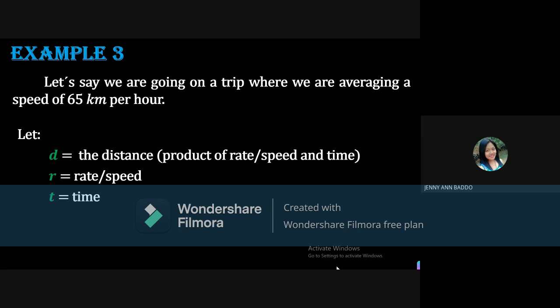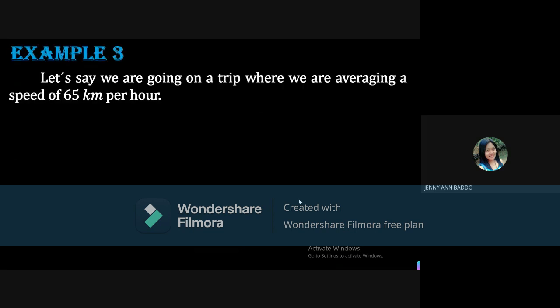Now, since the distance is the product of the rate or speed and time, we have the equation D equals RT. Since we already have the equation and representations, we are now ready to answer the questions.